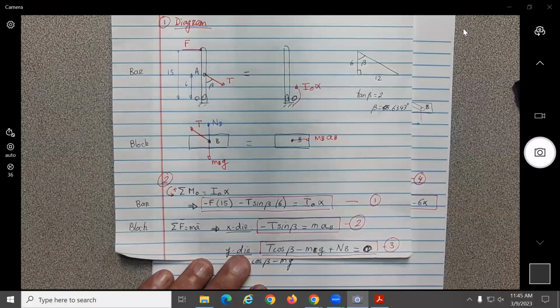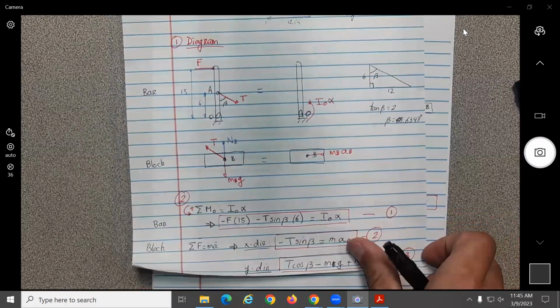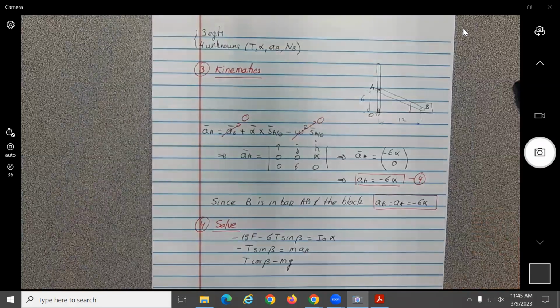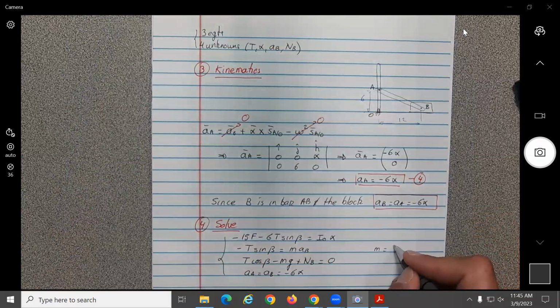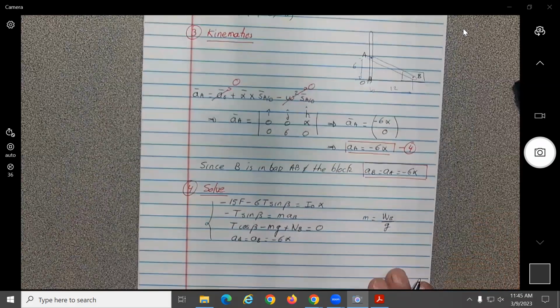I just remove the B. Plus MB equals 0. And then we have acceleration of A equals acceleration of B equals minus 6 alpha. If you want, I'm going to put M equal to WB divided by G.